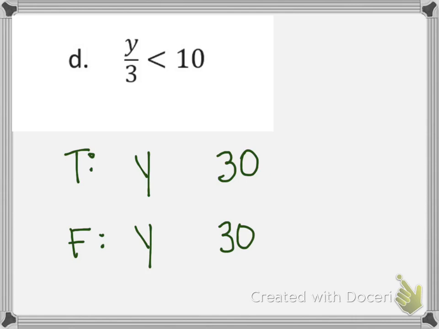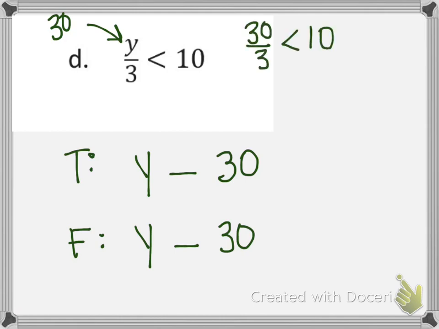We're trying to figure out, is my equal sign going to go here or is my equal sign going to go there? So we just got to check it out by saying, well, what if y is 30? So we're going to substitute. We're going to put a 30 in for y. We're going to get 30 divided by 3 is less than 10. 30 divided by 3 is 10. So our inequality statement is 10 is less than 10, true or false?